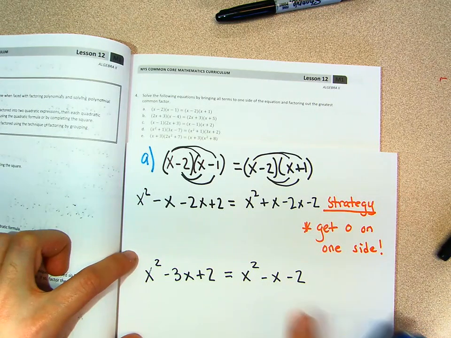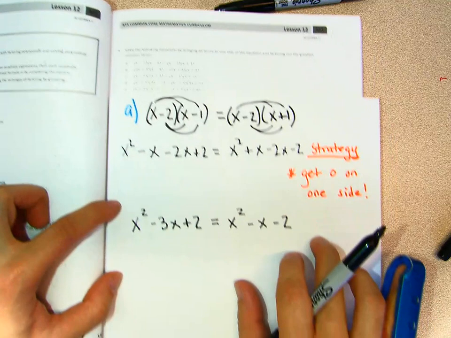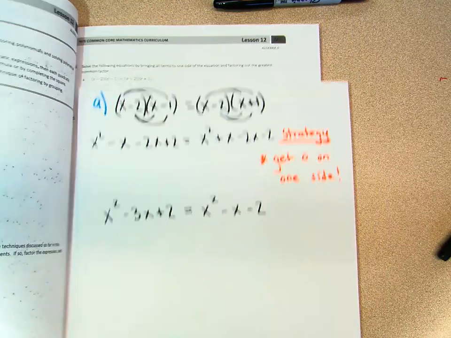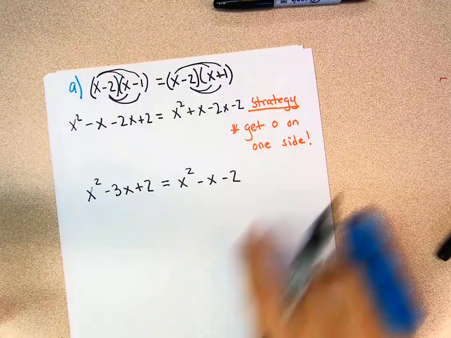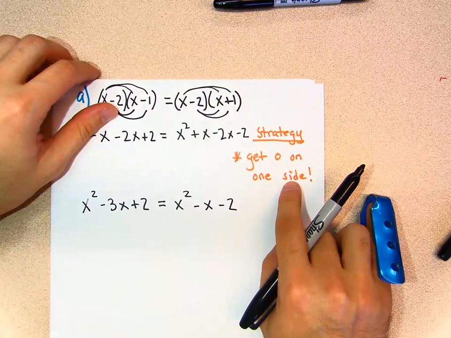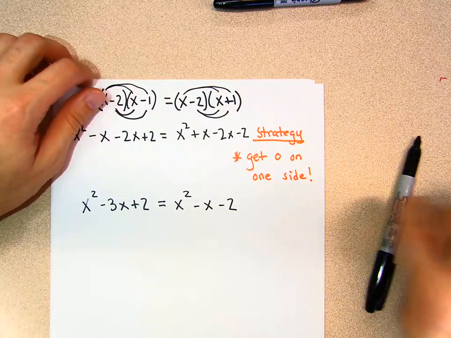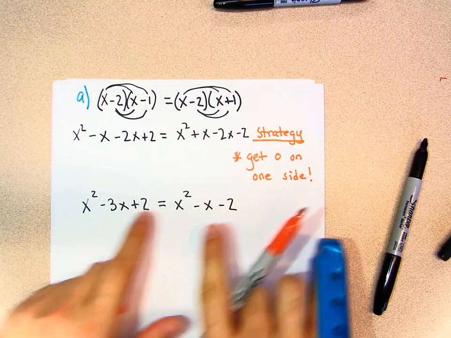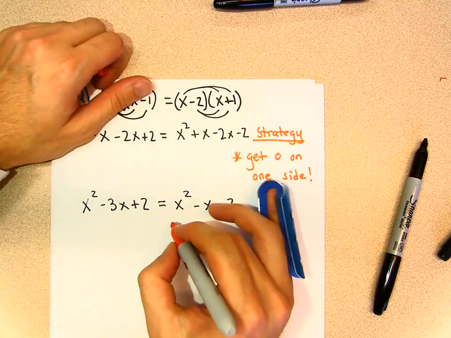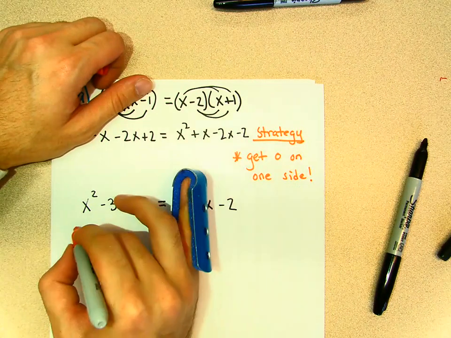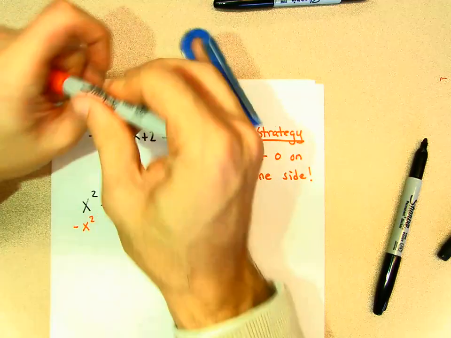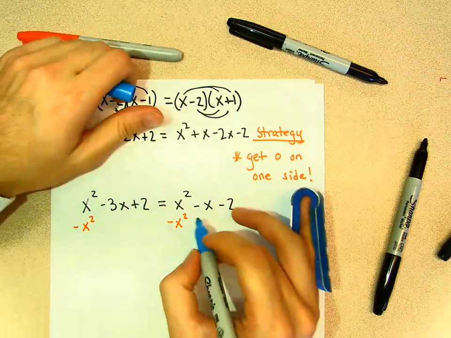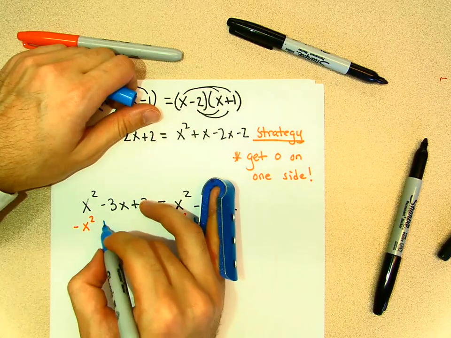Once I have this, you're like, what on earth do I do here? Well, it's very simple. You get 0 on one side. How can I get 0 on one side? You can literally take everything here and subtract it on the other side. So let's do minus x squared, and plus x, plus x.